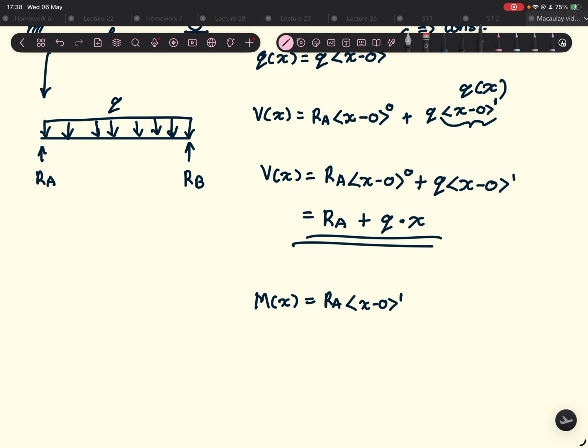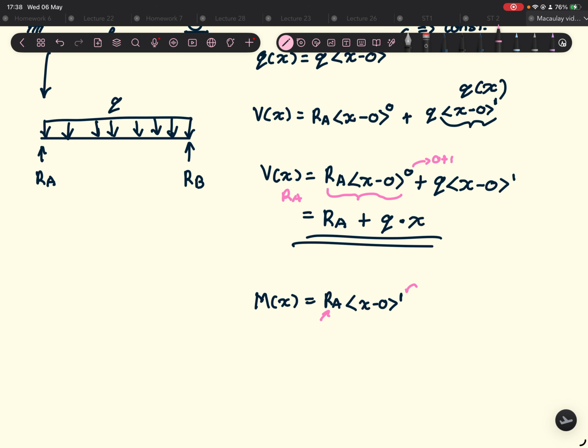So you could think about it, if you were to integrate this, the power here will be 0 plus 1, then RA divided by 0 plus 1, which is just RA, so that remains constant.